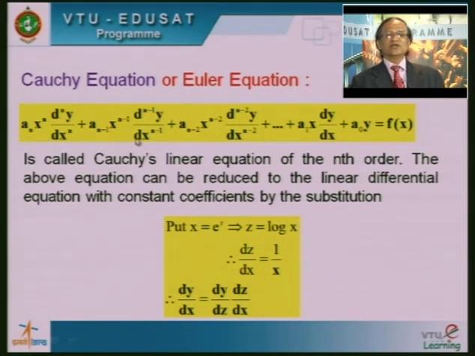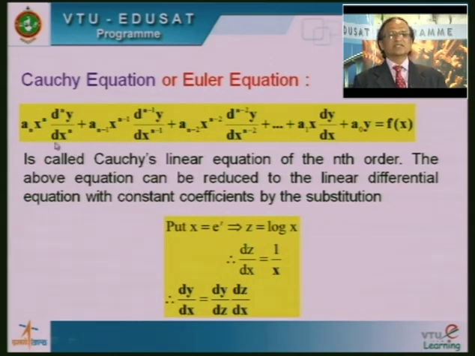Now, I am going to reduce this equation into a linear differential equation with constant coefficients. Once I am able to reduce it, then I know the method. I have already explained, you are already familiar with the solutions of such differential equations, so by using those methods, you are able to find the solution.